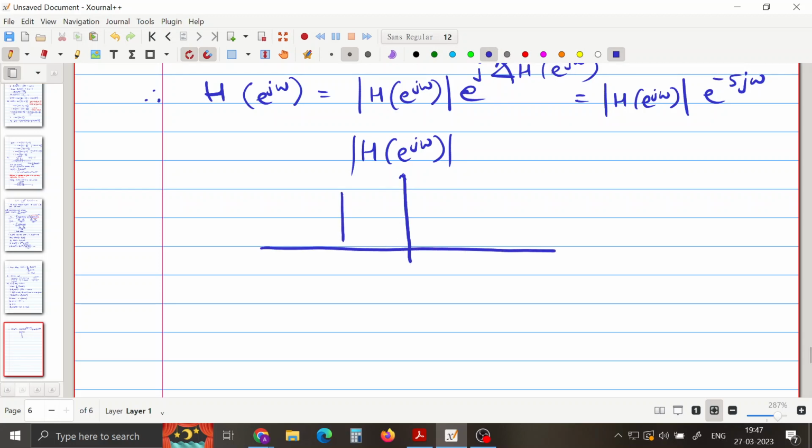It is 1 from minus pi by 4 to plus pi by 4. Let's say this is pi, this is minus pi, this is omega, and this height is 1. This is what it looks like.